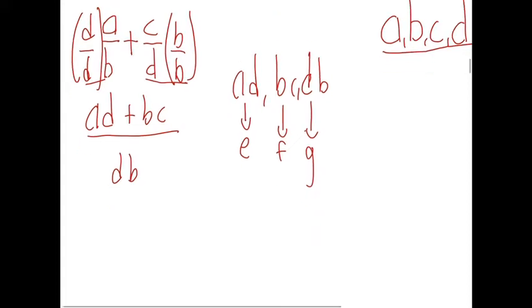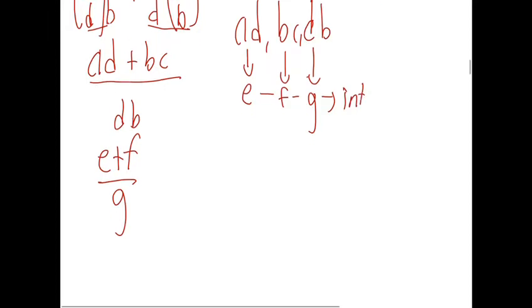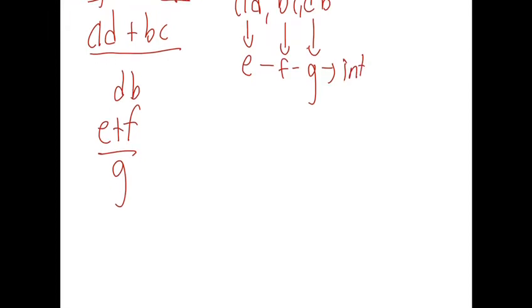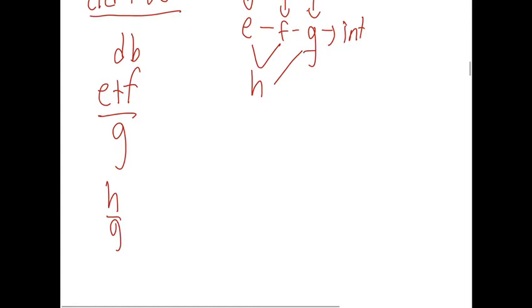So now you'll have e plus f over g, where e, f, and g are all integers. Now notice e plus f, and e and f are both integers, and when you add two integers together, the answer must also be another integer. So let's just say e plus f is equal to h. So now you'll have h over g, where h and g are both integers.